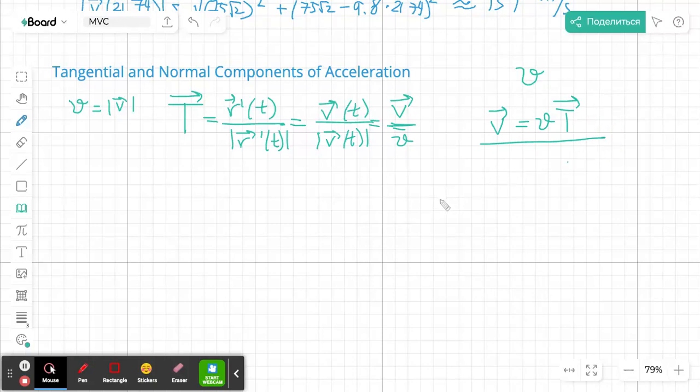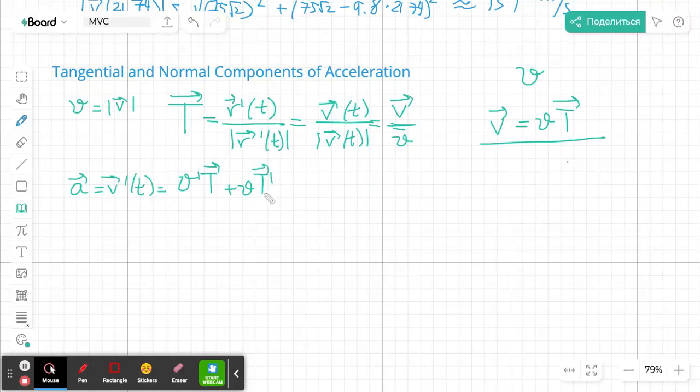If you differentiate both sides of this equation, then we're going to get that a, which is the derivative of v, is going to be equal to upsilon prime T plus upsilon T prime.